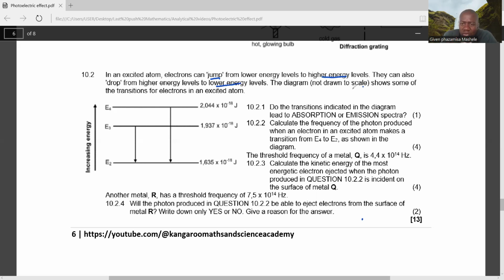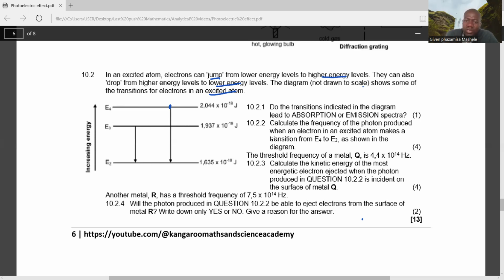The diagram, not drawn to scale, shows some of the transitions of electrons in an excited atom. If you look here, when you go up, it means an increase in energy: level 2, level 3, level 4. But this time it shows we're moving from a higher energy level to a lower energy level. This has to do with emission.